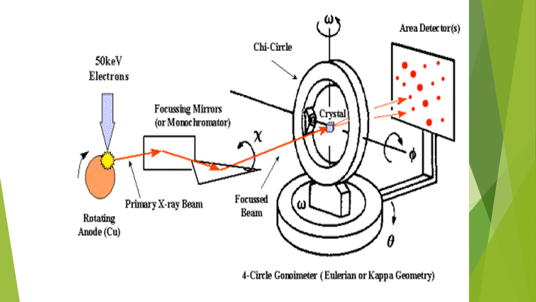When these X-rays are scattered or pass through the planes, they are directed towards the area detectors, where these scattered rays produce spots which are called a diffraction pattern.